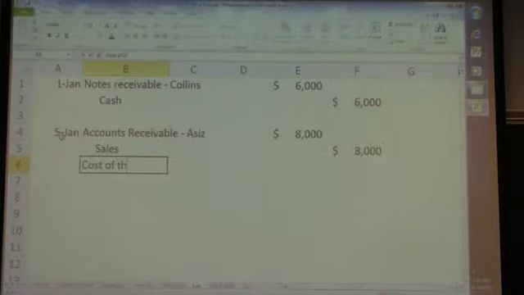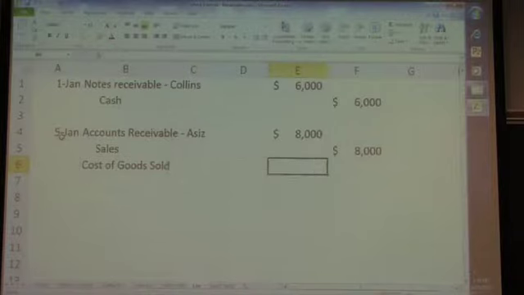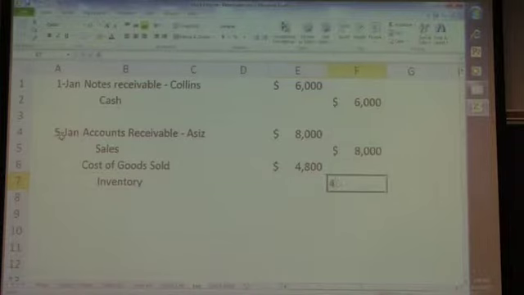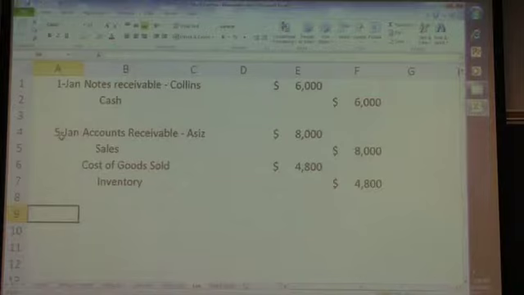So you debit cost of goods sold, and the cost is $4,800, and you would credit the inventory for $4,800. Going to the next transaction.